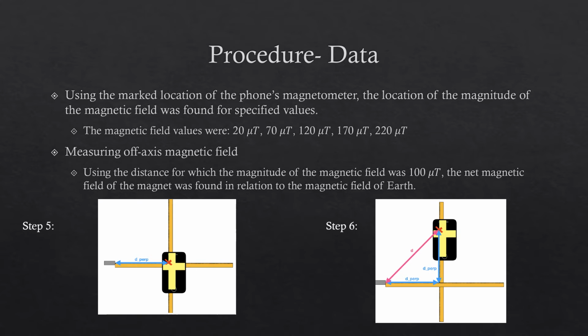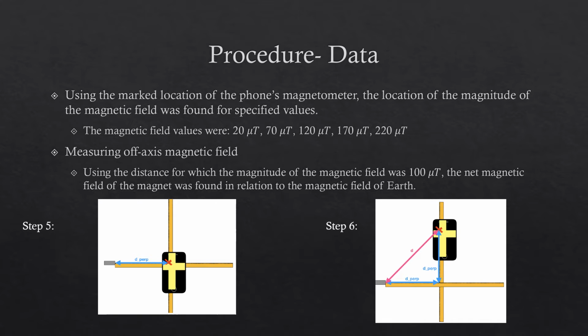This is a summary of the part of the lab where the data was collected. Using the marked location of the phone's magnetometer, the location of the magnitude of the magnetic field was found for specified values of 20 microteslas, 70 microteslas, 120 microteslas, 170 microteslas, and 220 microteslas.